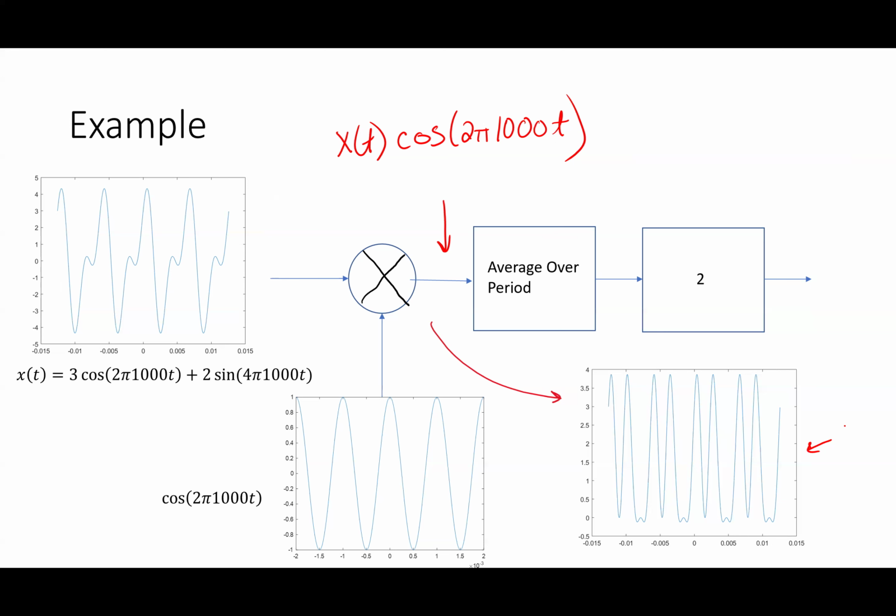If I do this multiplication, all right, x of t, so 3 cosine 2 pi 1000 t plus 2 sine 4 pi 1000 t. Right? I do that, and I multiply that by cosine 2 pi 1000 t.